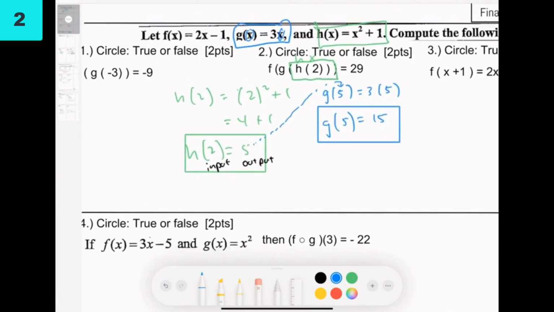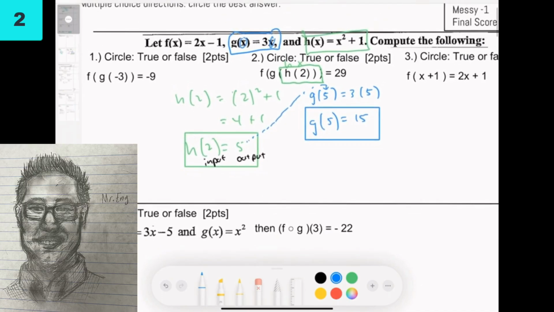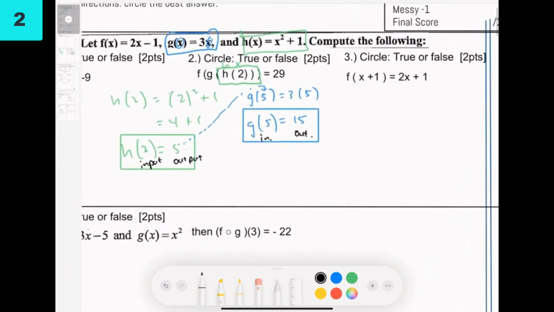Okay. So again, input, output. Now our new output is going to become now our input. So now I'm going to put that into f.